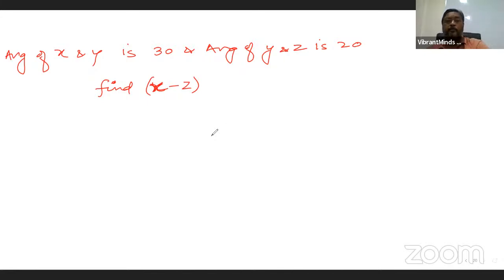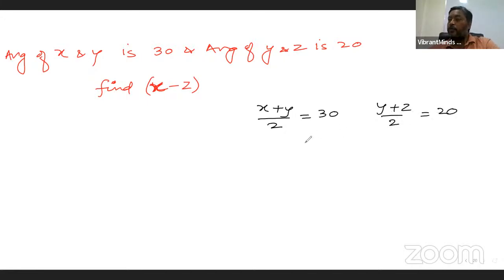Now see, one more thing. The average of X and Y is 30, so we can take it as X plus Y by 2 is equal to 30. Also, Y plus Z by 2 is equal to 20.